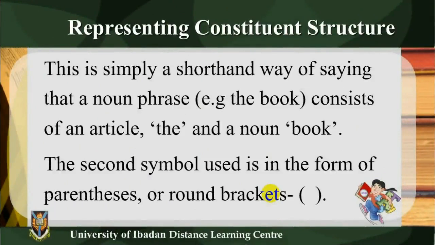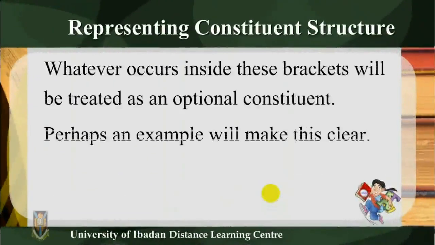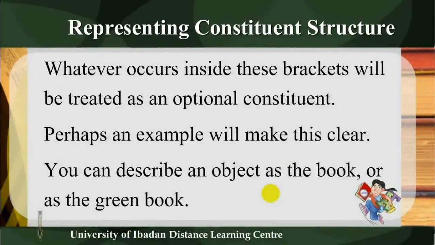The second symbol used is in the form of parentheses or round brackets. Whatever occurs inside these brackets will be treated as an optional constituent. Perhaps an example will make this clear. You can describe an object as the book or as the green book.